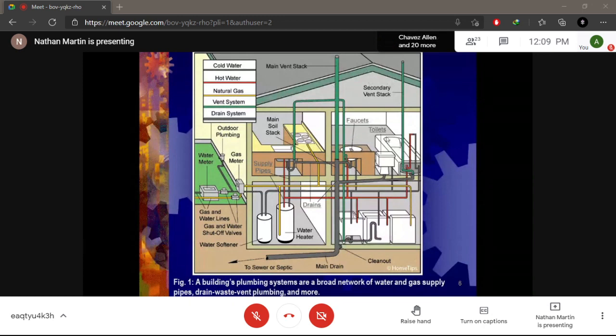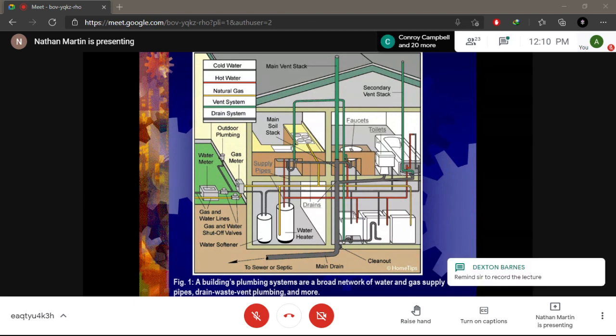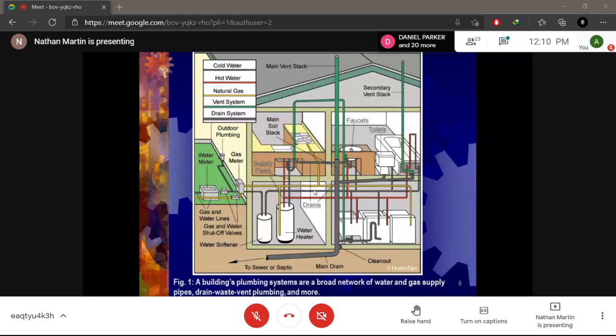These are normally connected to your toilets and faucet systems such as your bathtub and your kitchen system. Realize that all the green pipes and the gray pipes are actually interconnected. And you also have your traps.